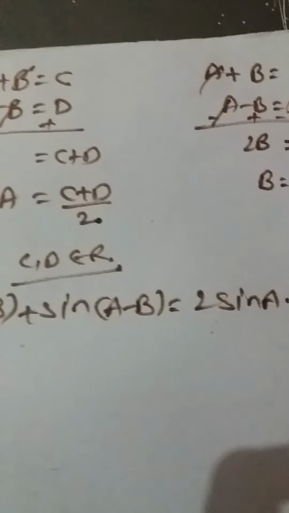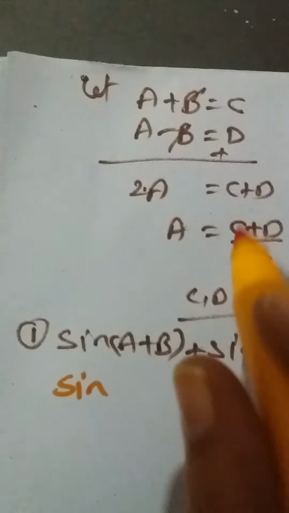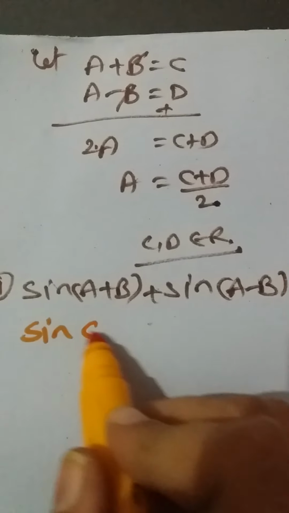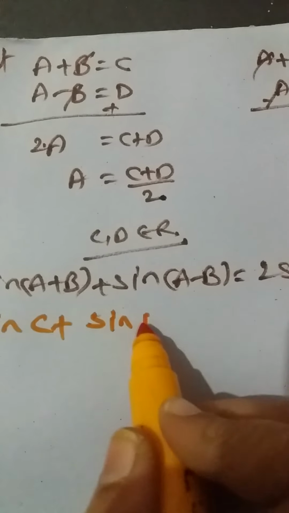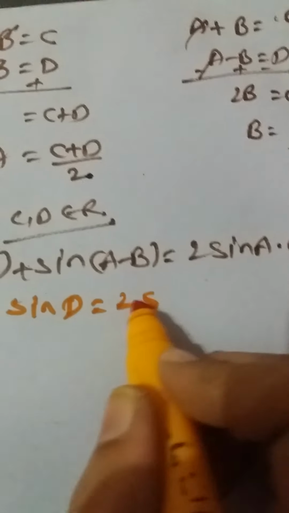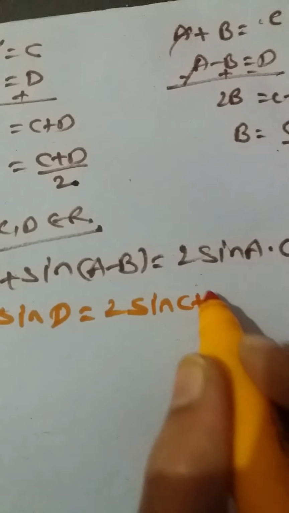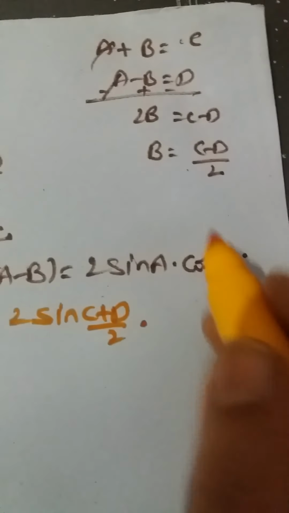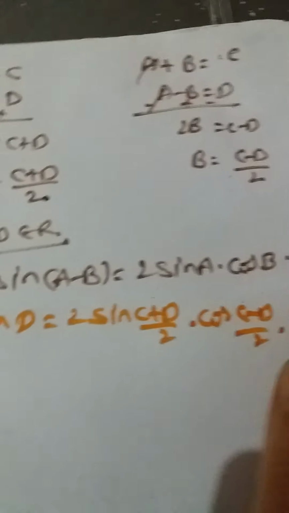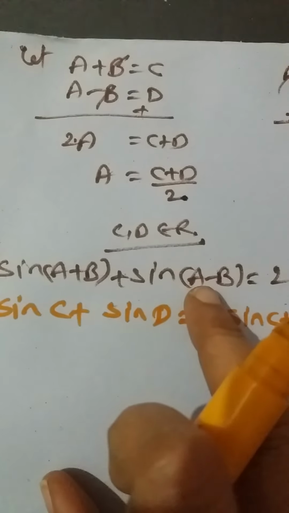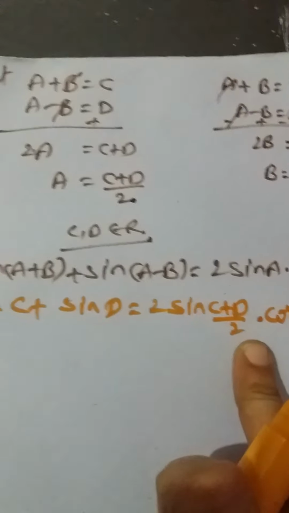Now see how it is transformed. a+b is c, and a-b is d. So sin c + sin d = 2 sin a cos b, where a is (c+d)/2 and b is (c-d)/2. So sin c + sin d = 2 sin((c+d)/2) cos((c-d)/2). Now you observe how the sum of two trigonometric functions is transformed into a product.